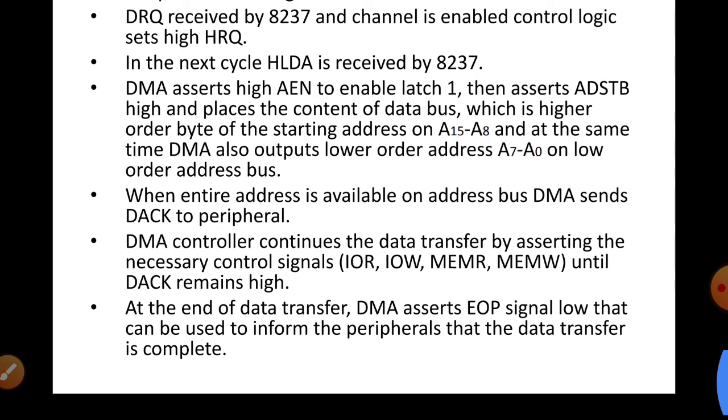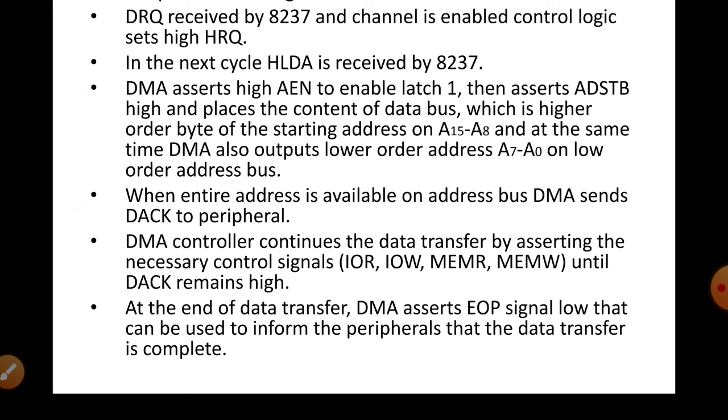Now the DMA control continues, the data transfer operation starts, and it continues by asserting the necessary signals which are required. If it is an input output operation, then it will assert IOR or IOW. If it is a memory operation, then it will assert MEMR or MEMW, because at a time only one of the signals will be activated.